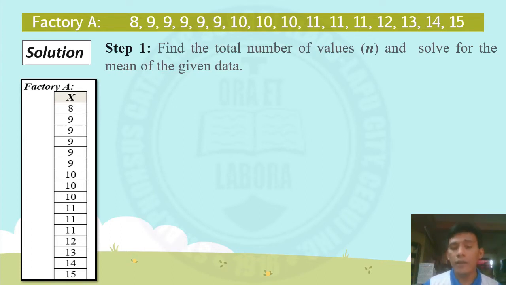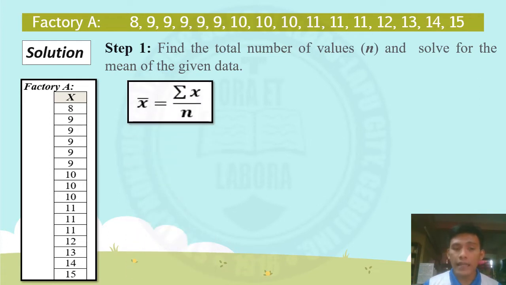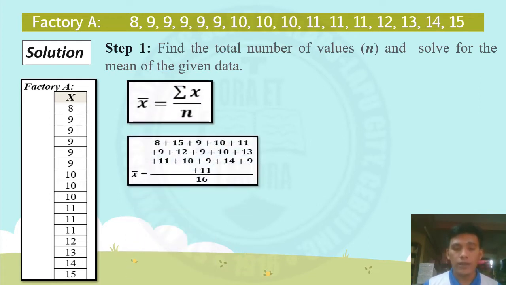To get the value of the mean of ungrouped data, in our past discussion, we will add all the values of x. So 8 plus 9 plus 9 plus 9 plus 9 plus 9 plus 10 plus 10 plus 10 plus 11 plus 11 plus 11 plus 12 plus 13 plus 14 plus 15. Or you can also add directly from the given. You don't need to arrange if you want to get the mean. Over n, which is 16.